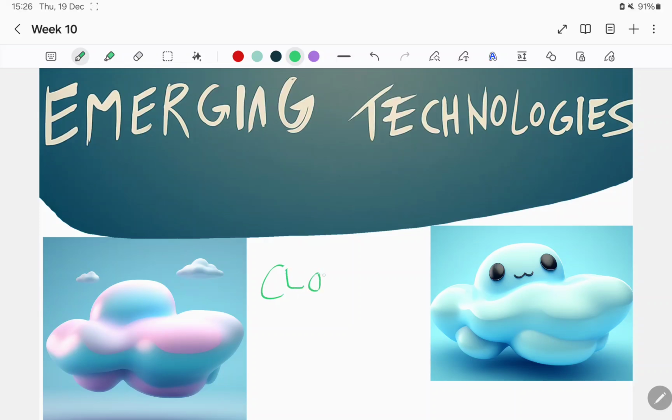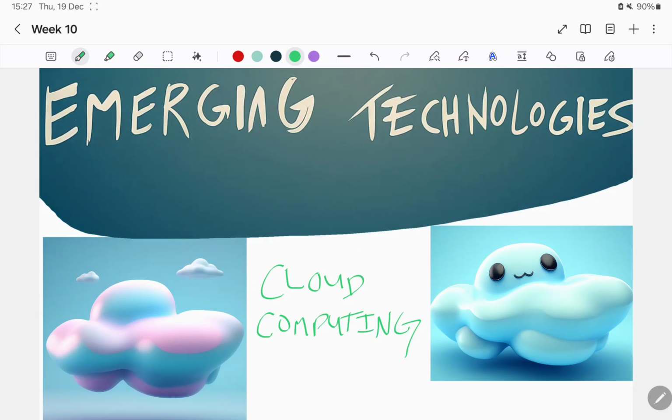It is actually cloud computing. The actual name for the emerging technology is cloud computing. Later we will see below different types of cloud computing, and then which one is applicable mostly in our AIS context.